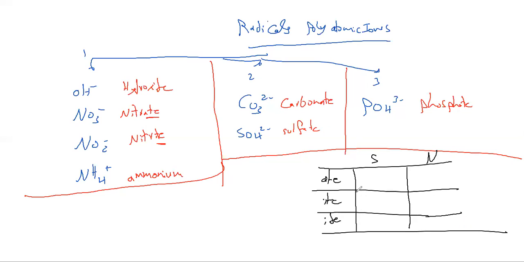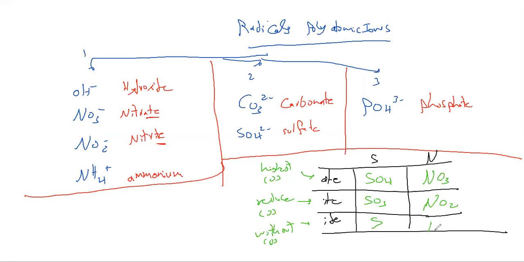For sulfur, sulfate means the highest number of O. It will be SO4. Ite reduces one O: sulfite, SO3. Ide is without O, it will be S. Nitrate is NO3. So nitrite is NO2.